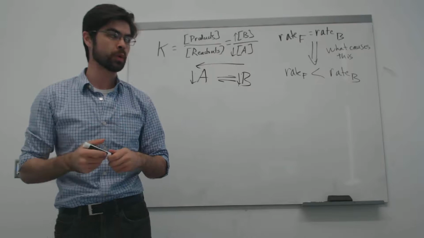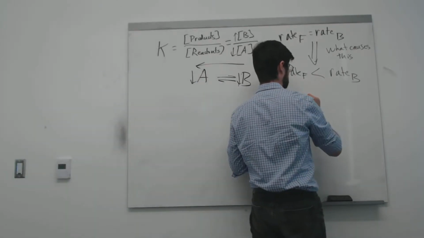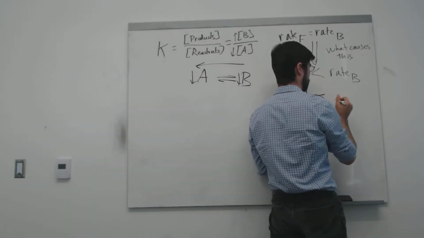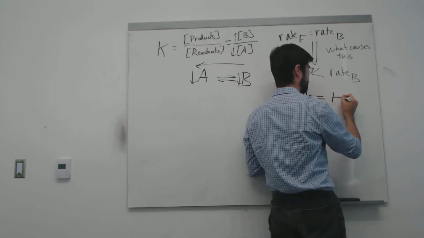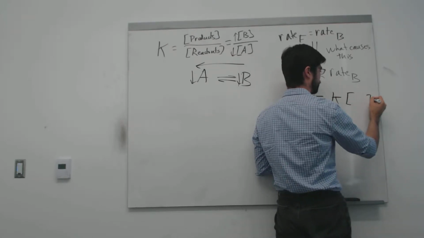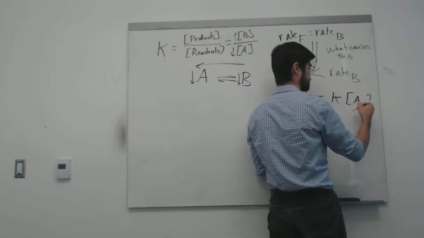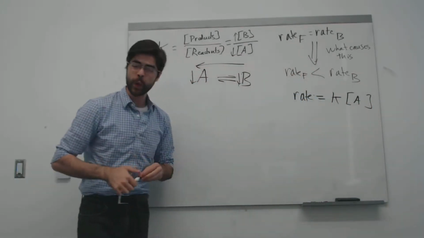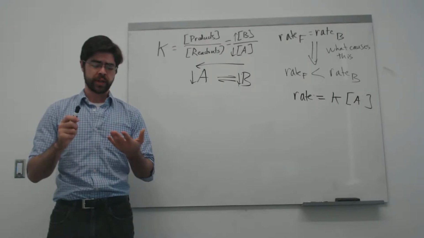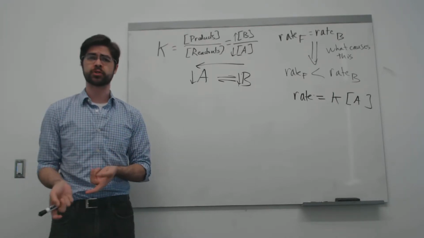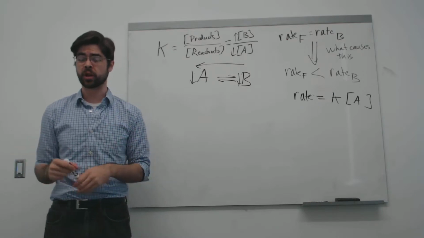The simplest way is, we remember that a rate should be equal to a rate constant, and it should be proportional to concentrations. So anything you can do that can change the concentration. If you're dealing with solutions, normally you add some solute.